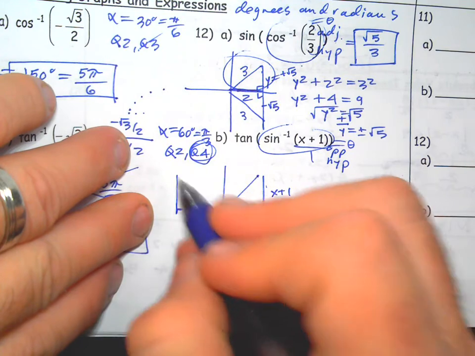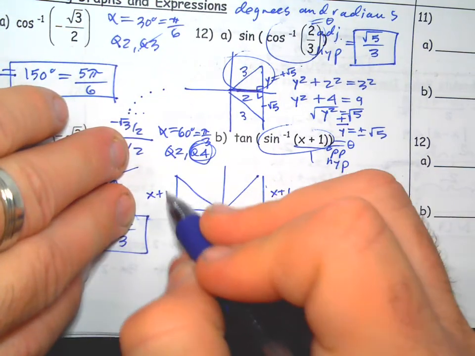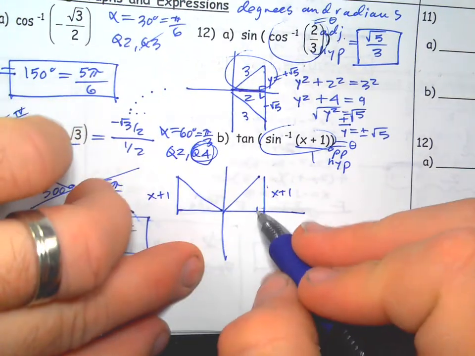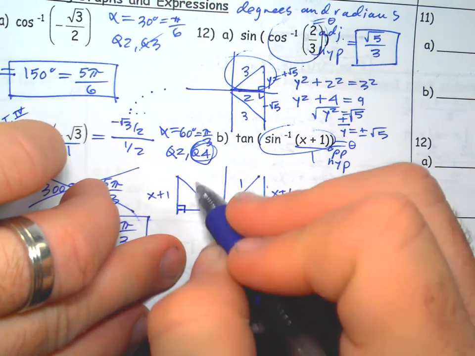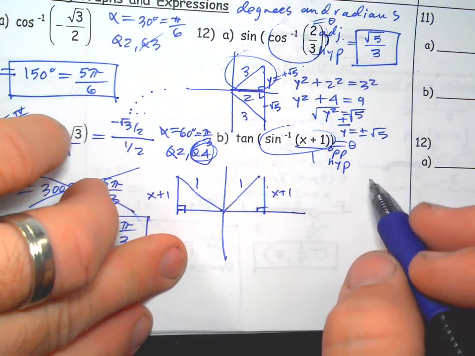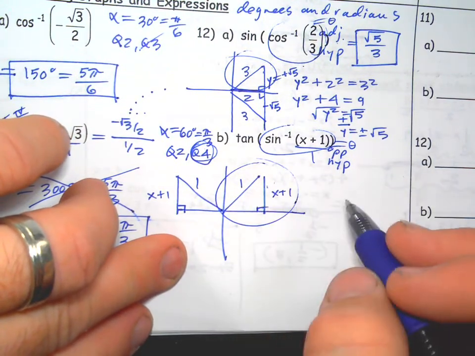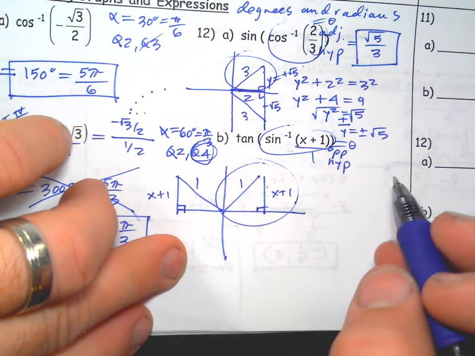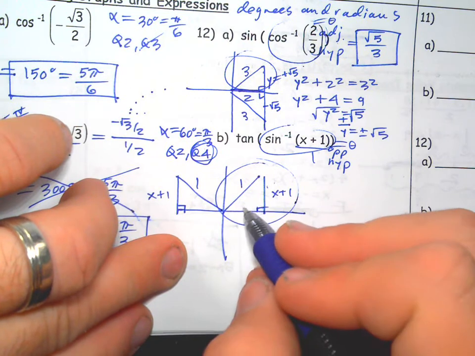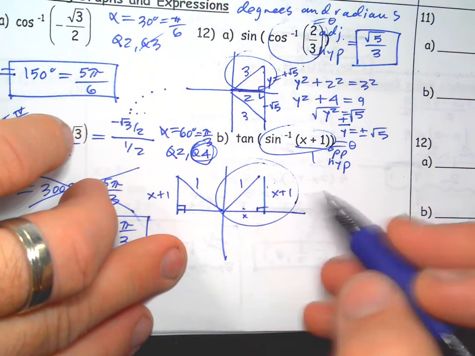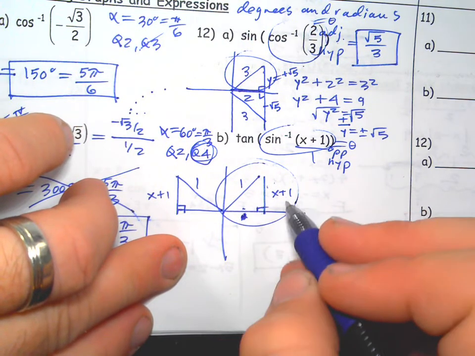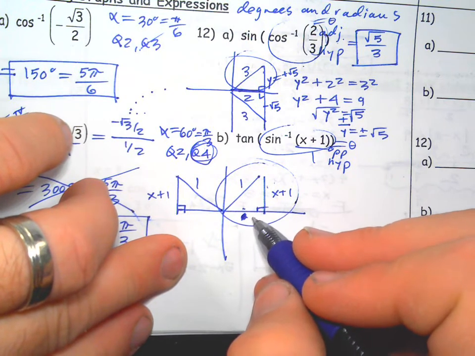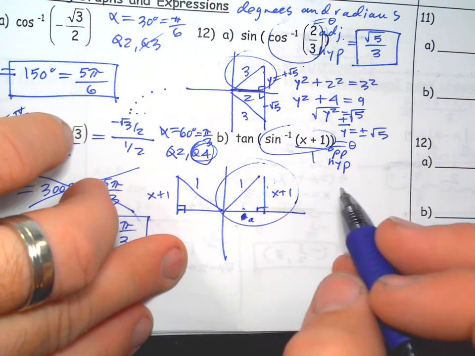It could be over here, right? But principal values, it's always quadrant 1. So tangent is going to be opposite over adjacent. So we need to find this missing side right here, which I don't want to call x because that's confusing with this. I'll call it a for adjacent.